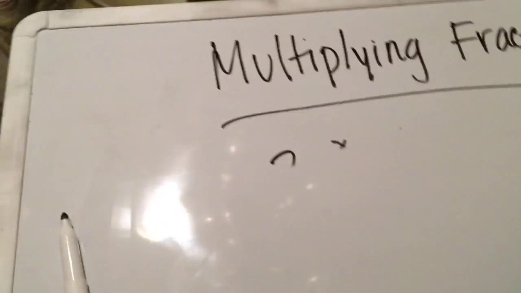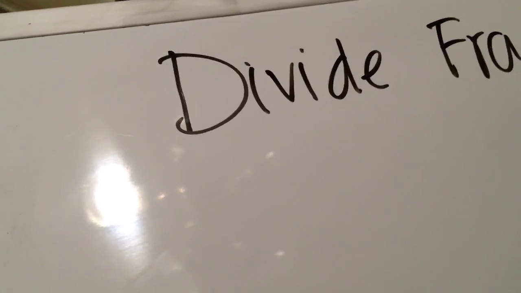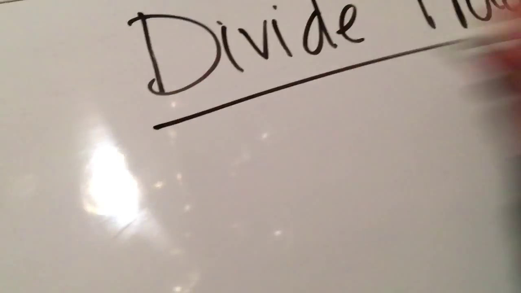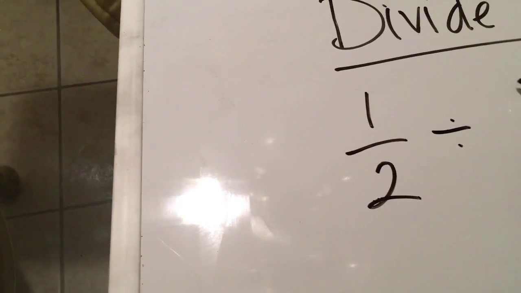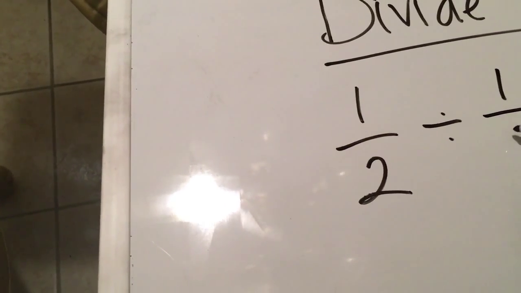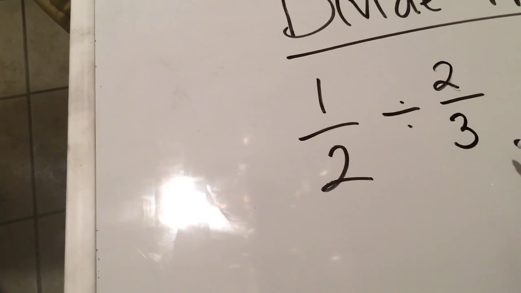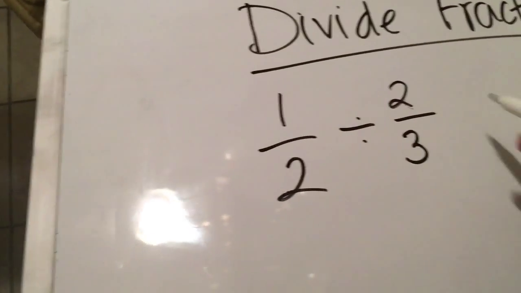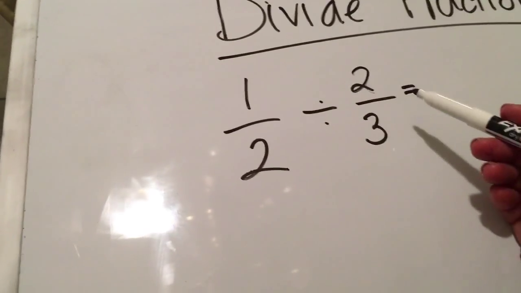When we divide, do you want me to do another example of multiplication? No. Okay, when we divide fractions, there is one more step to it, okay? So if we were to divide 1/2 divided by 2/3, the first step is to flip the second fraction.